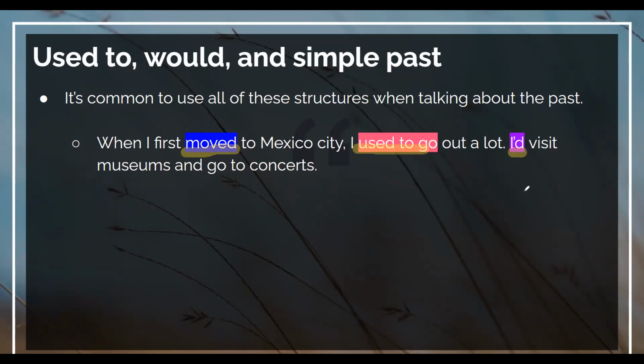I would visit museums and go to concerts. Again, I'm using would to talk about a past habit so that I don't repeat myself using used to a lot. Okay, so there are different types of combinations that you can make with used to, would, and the simple past.